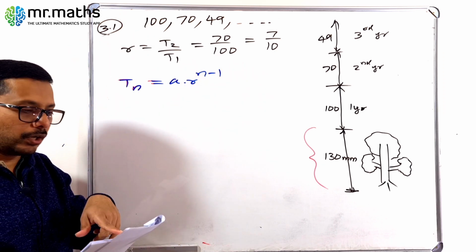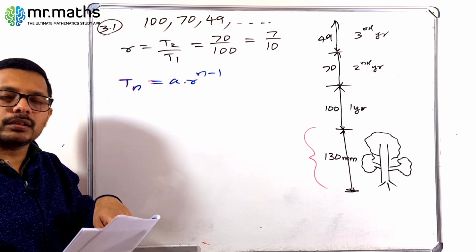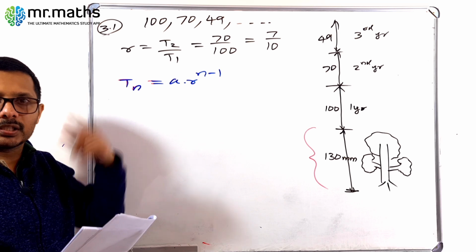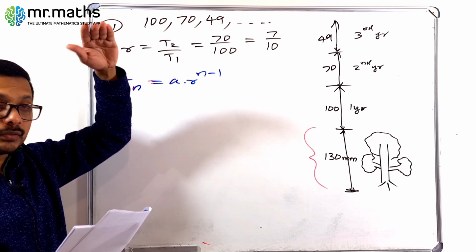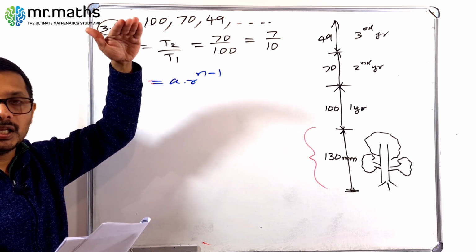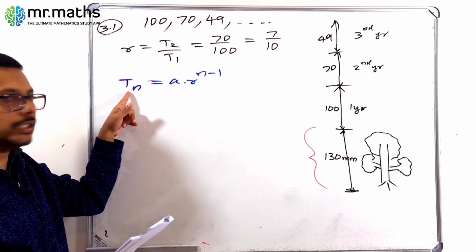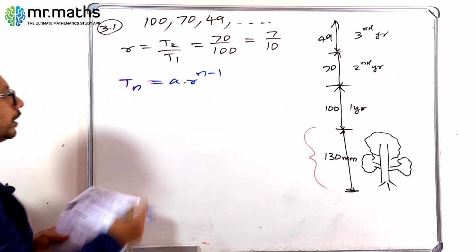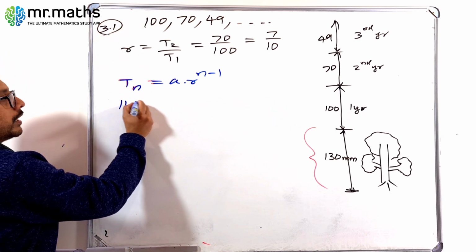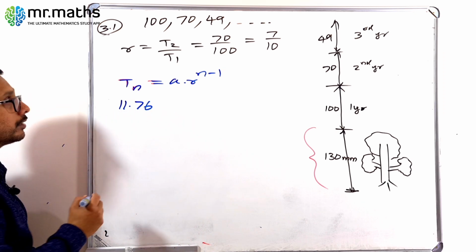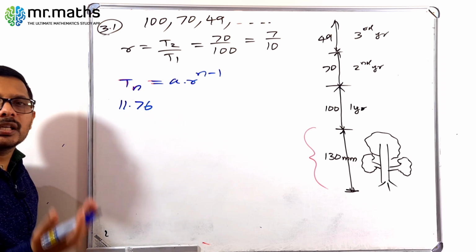So here we have to find on which year it is 11.76 meter. That means you have to consider that one as the last one, 11.76. That means that is Tn. So this Tn you have to substitute as 11.76. In effect they are giving a story, that's all.